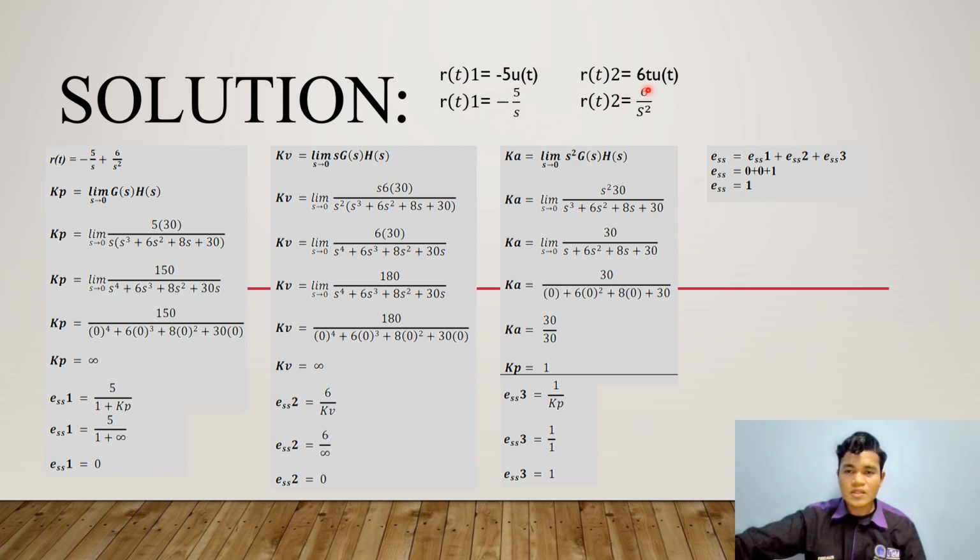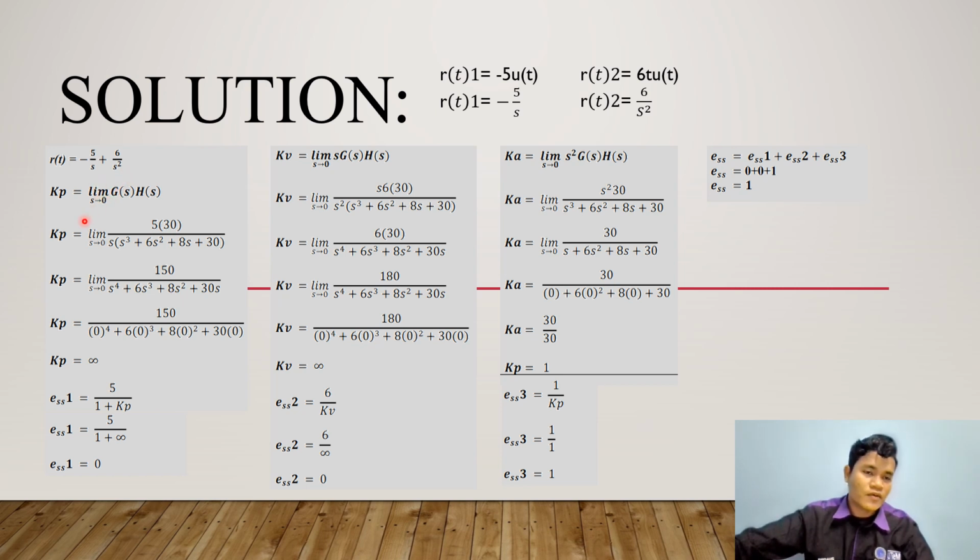And 6t u(t), converted into Laplace transform, becomes 6 over s squared. This is the equation for the input signal that I arranged by my own understanding: negative 5 over s plus 6 over s squared. The negative 5 over s is the step input signal, and 6 over s squared is the ramp input signal.